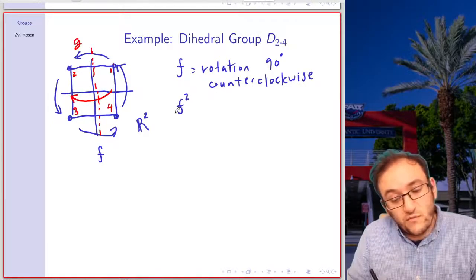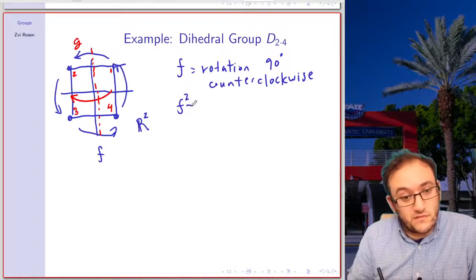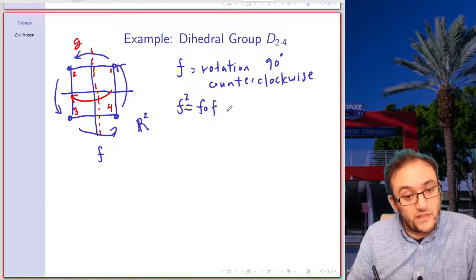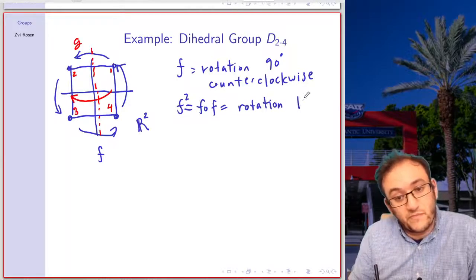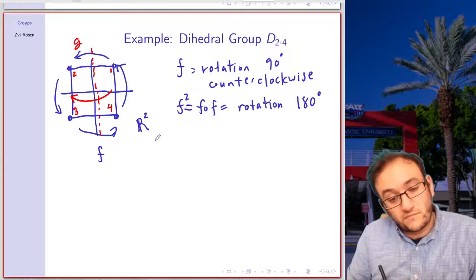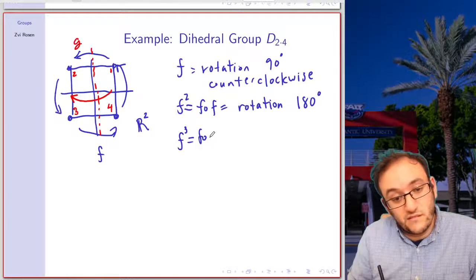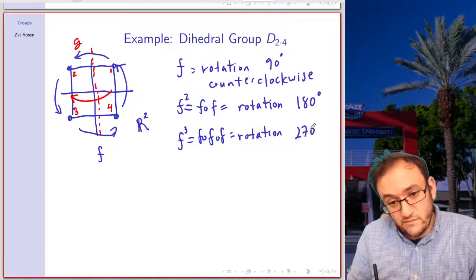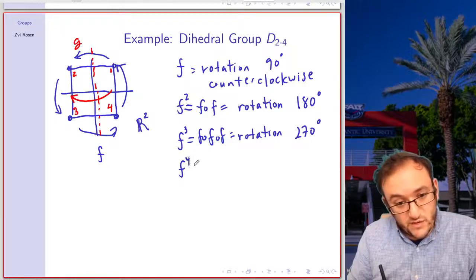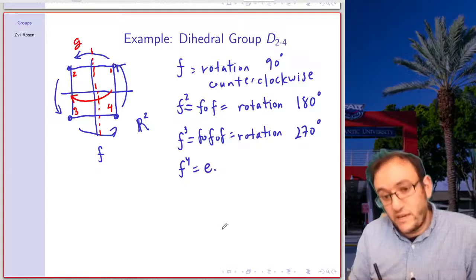F squared, well, if you rotate it 90 degrees and then another 90 degrees, you can also denote it as F composed with F, this is a rotation by 180 degrees. If we do F 3 times, that will be rotation of 270 degrees. Hopefully this is obvious at this point. And if you do F 4 times, then you come back to the identity, which we'll denote by E.